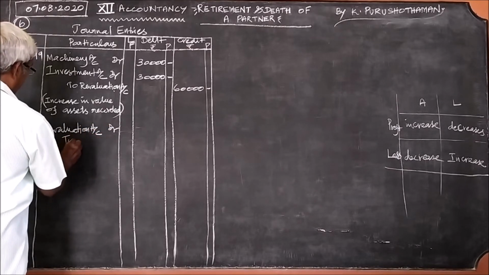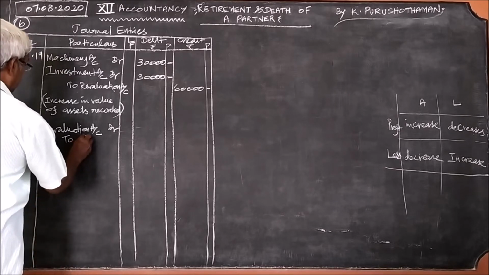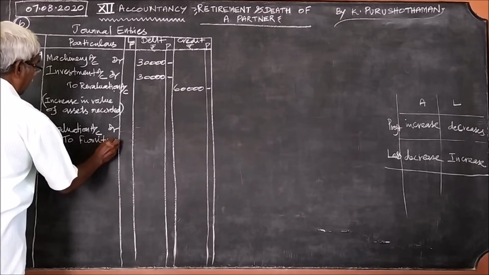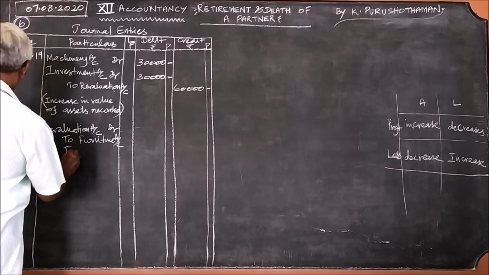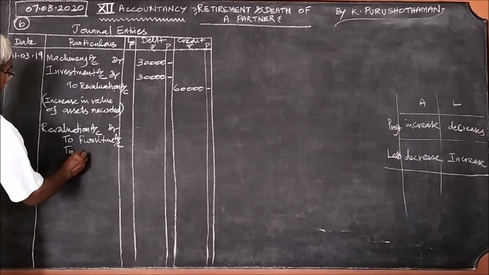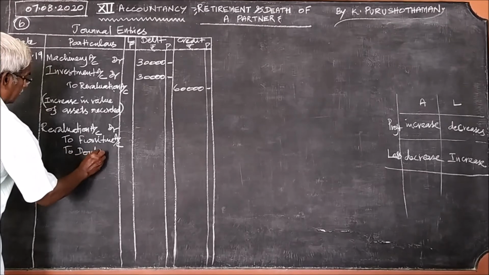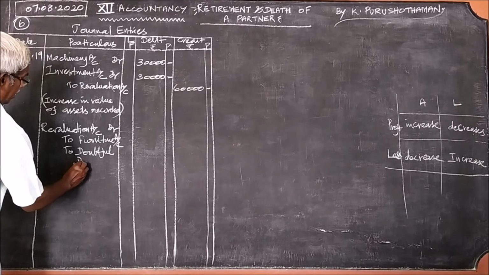To the loss items. What are the loss items? To furniture account, to provision for doubtful debts account.